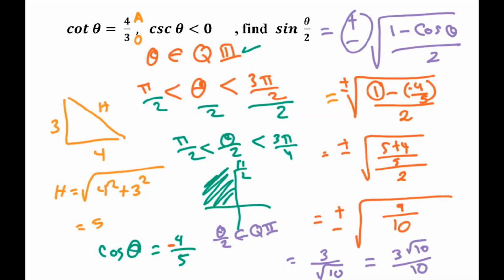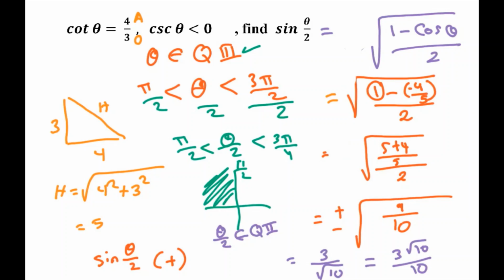What does that mean? It is going to be positive because sine in quadrant 2 is positive. So I'm going to make it positive. Again, positive because sine theta over 2 in quadrant 2 is positive.